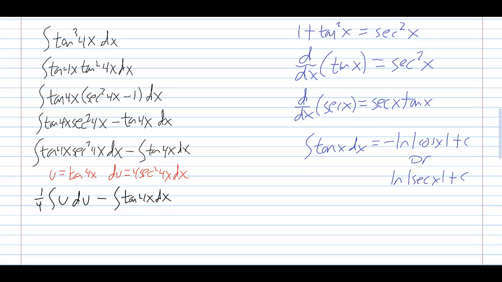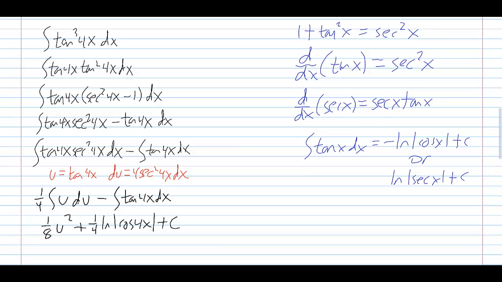Finishing it off, the antiderivative of u is 1/2 u squared, so that gives us 1/8 u squared. The antiderivative of tangent 4x is negative 1/4 natural log absolute value cosine 4x. So minus a negative gives us a plus 1/4 natural log absolute value cosine 4x plus c.